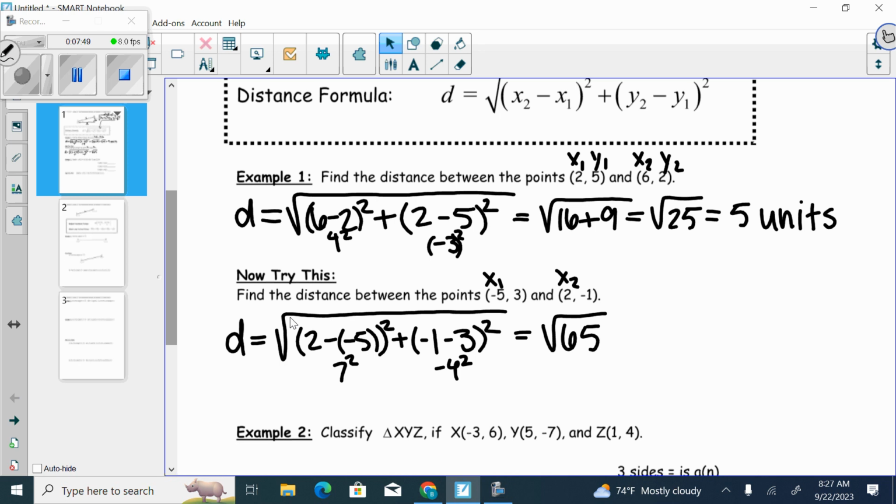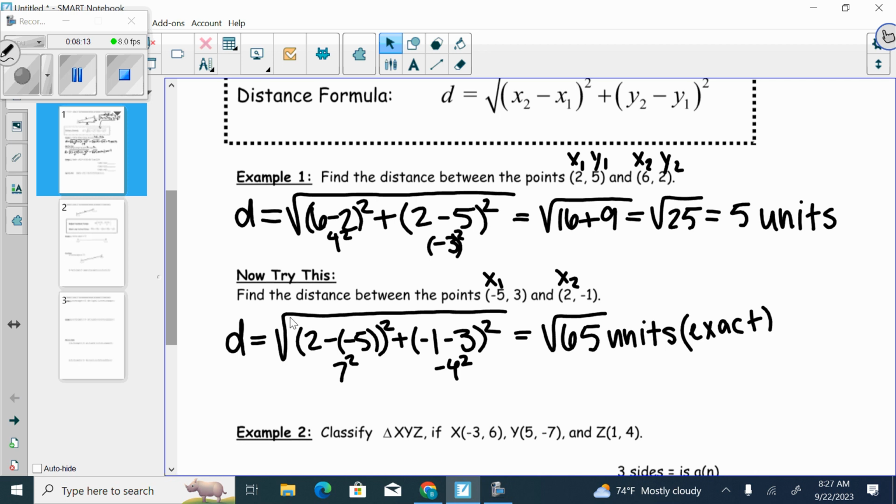So I asked myself, is there anything that multiplies to give me 65 and has a square root? What do we think? No, right? Only thing besides 1 itself, maybe 5 and 13, but neither of those have square roots, right? So this would be as simplified as I could get the radical and keep my answer exact. So this would be my exact answer, okay?